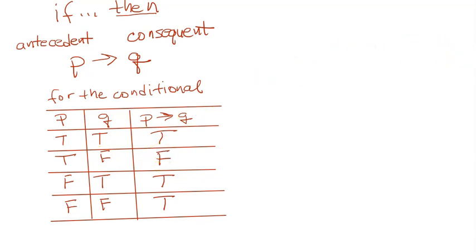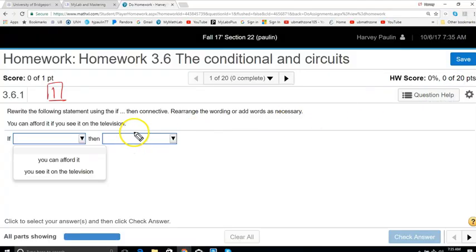Okay, back to our regular lesson now. In our first example, here is our statement: you can afford it if you see it on television. And you want to put this in an if-then format where the if-then is the connective.